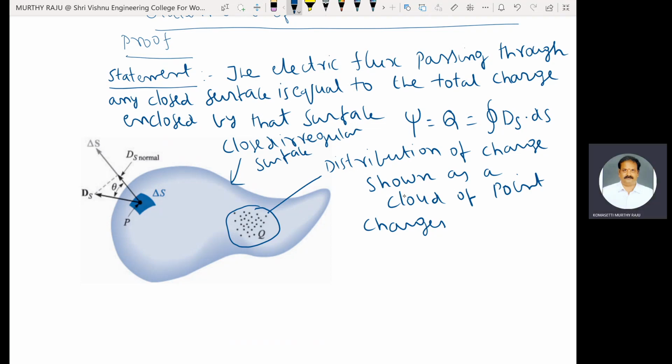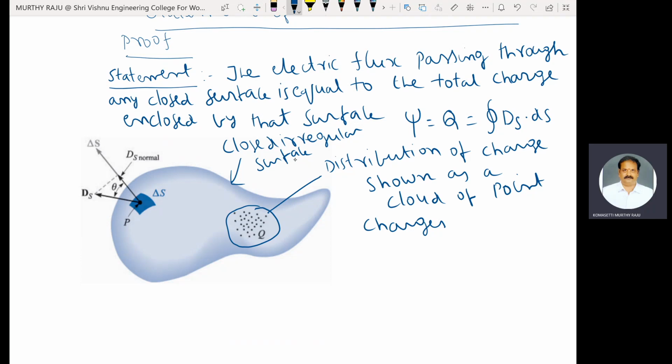First one is the distribution of charge. Let us imagine a distribution of charge shown as a cloud of point charges. These dots are the point charges, surrounded by a closed surface of any shape.